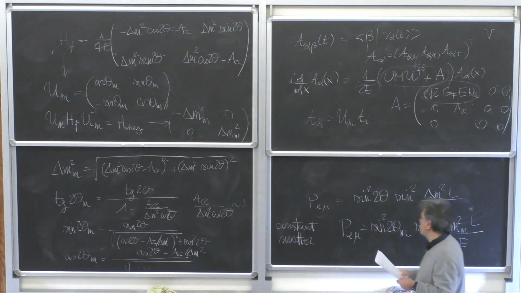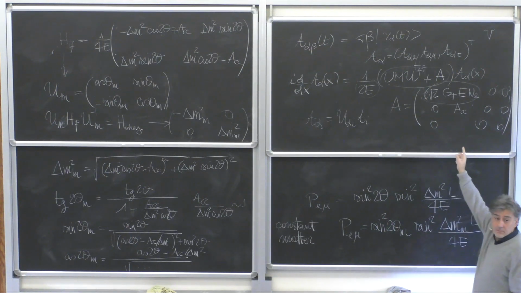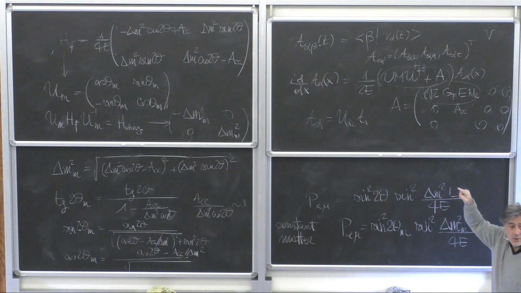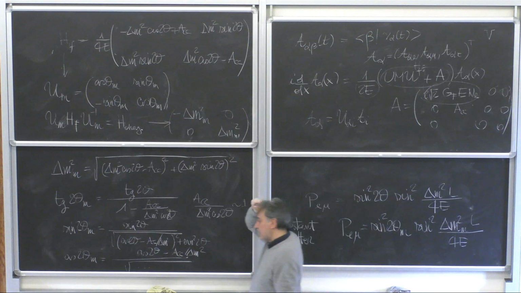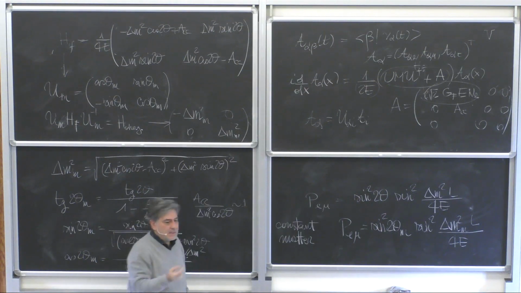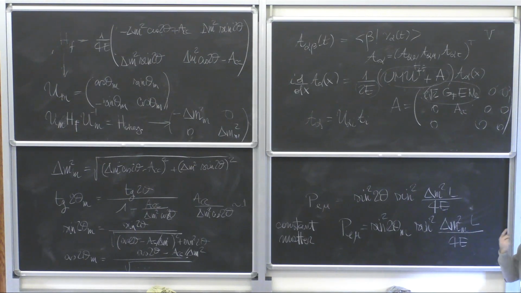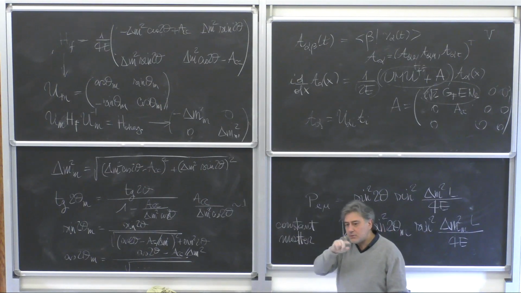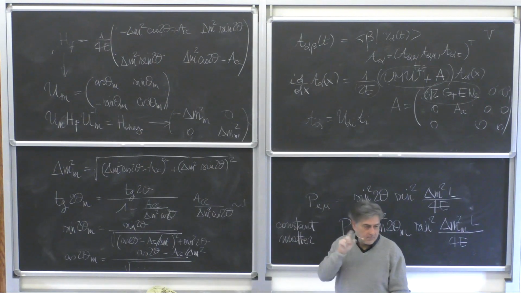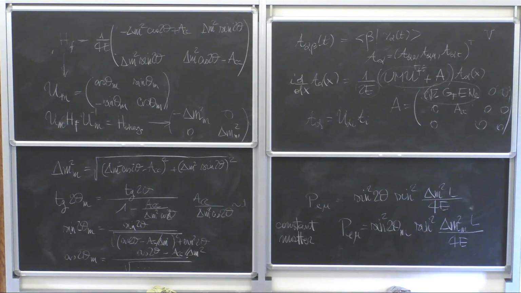I forgot to tell you one thing. This was for neutrinos. For antineutrinos, the potential changes sign. And all the formulas that we have, one formula in 3 generations for the vacuum oscillation, for antineutrinos, you change U with U star. So we talk always about neutrinos.